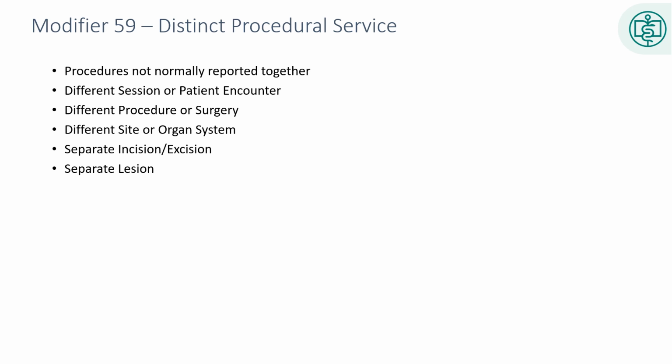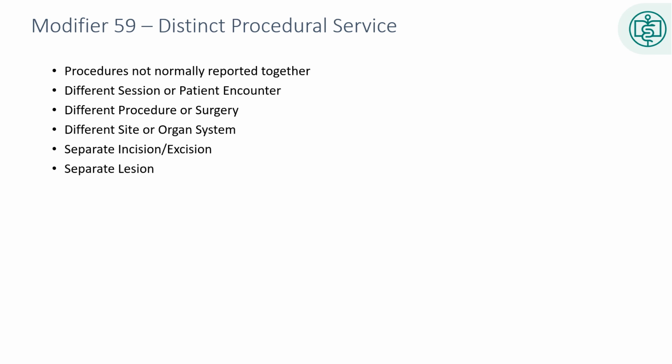While the sentinel lymph node biopsy is often performed during the same surgery as the tumor removal, it is considered a separate and distinct service. In this example, the surgeon would report the breast tumor removal with the appropriate CPT code and then append Modifier 59 to the CPT code for the sentinel lymph node biopsy. This would allow the surgeon to bill for both procedures separately and avoid any bundling issues.